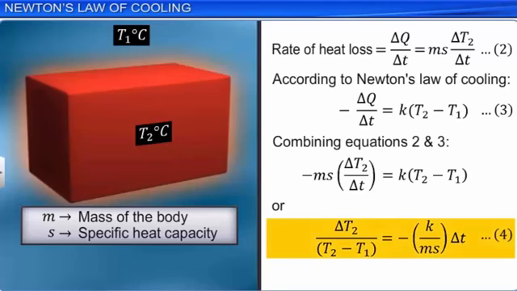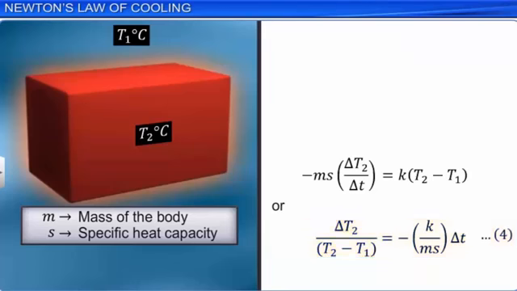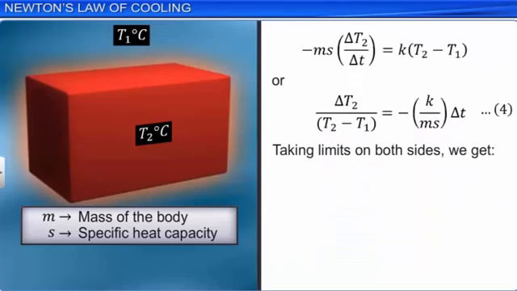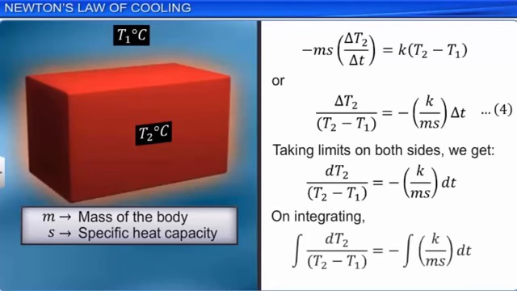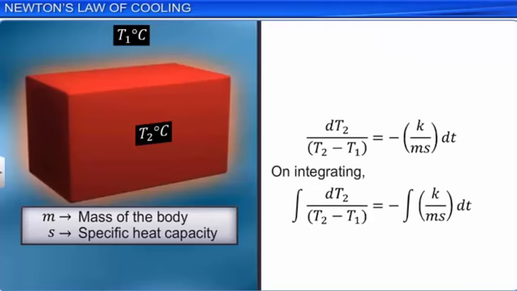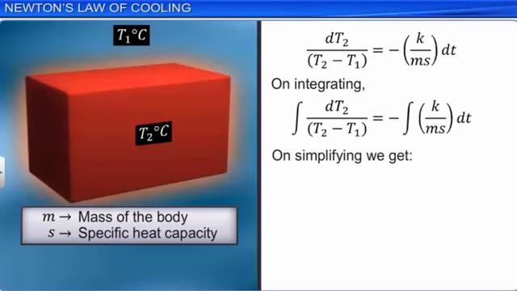Taking limits on both sides, we get dT2 by T2 minus T1 is equal to minus K by MS into dt. On integrating this expression on both sides and simplifying, we get log to the base e of T2 minus T1 is equal to minus K by MS into T plus C. Let this be equation 5.